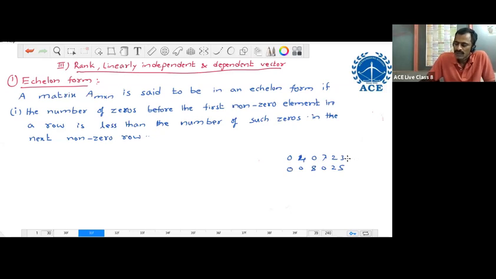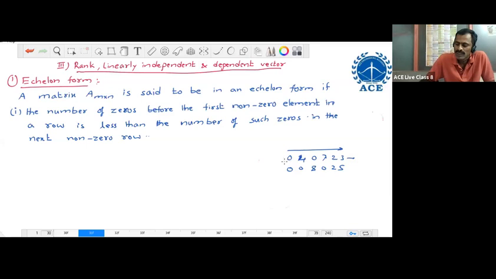Along the first row, from left to right, identify the first non-zero element. First element is 0, second element is 4. This 4 is a non-zero element. From left to right along the first row, the first non-zero element is 4.